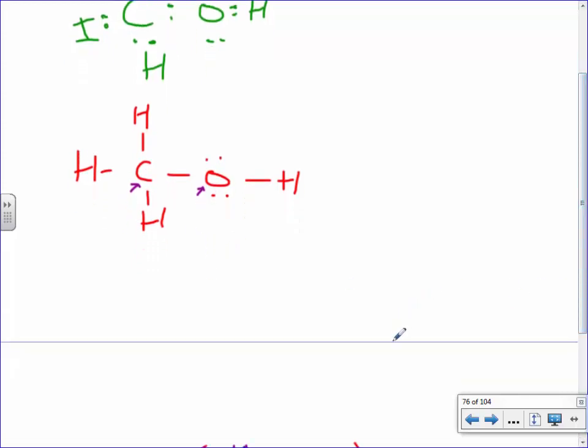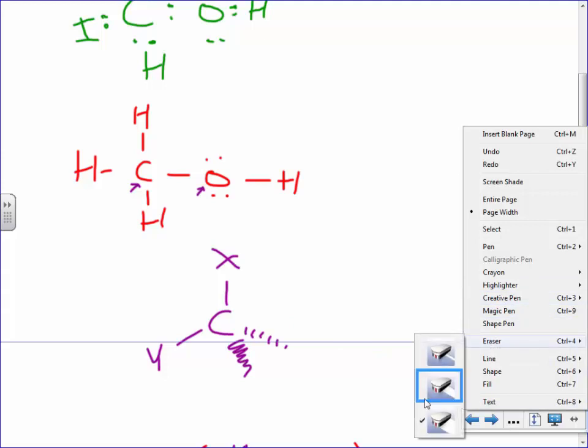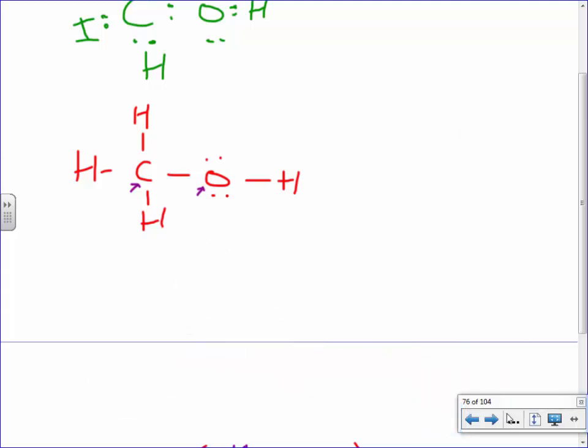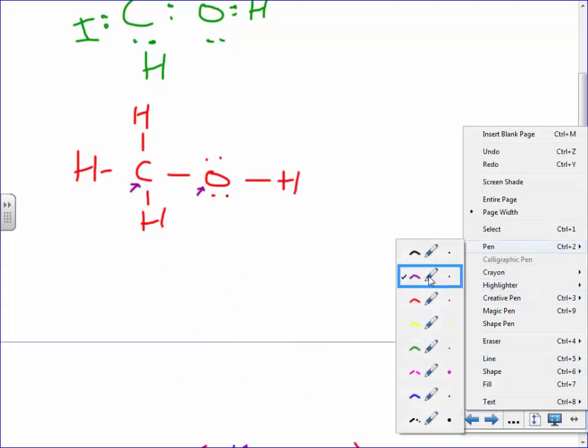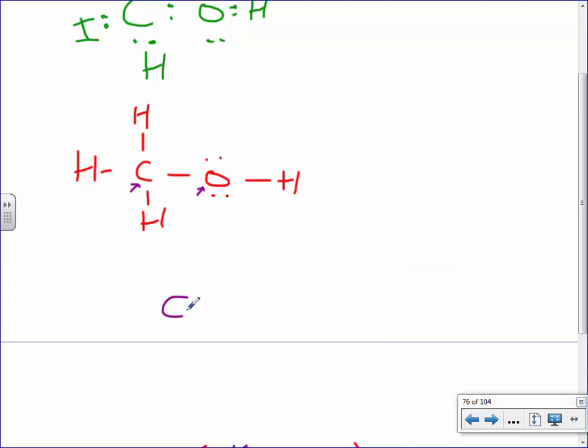Now, in order to make this work, you know how I typically draw it like one up, one over to there, one out like this, and one like that? I'm going to shift this just slightly to make it easier to work with. So see whether this makes sense here. I'm going to change this. I'm going to go carbon going up to hydrogen still.